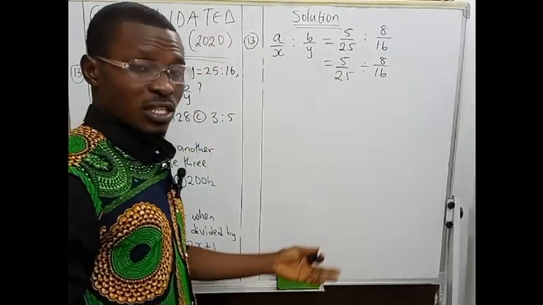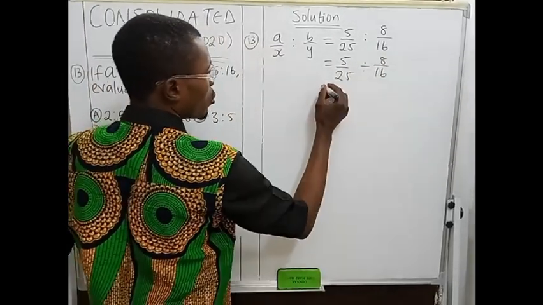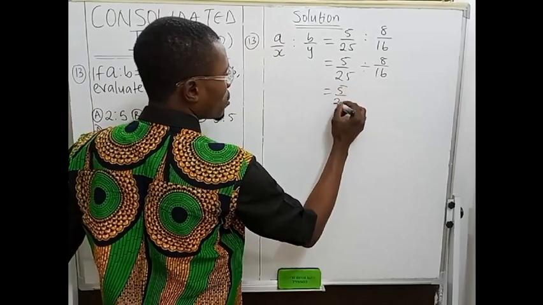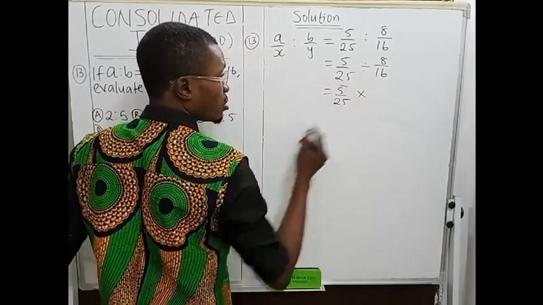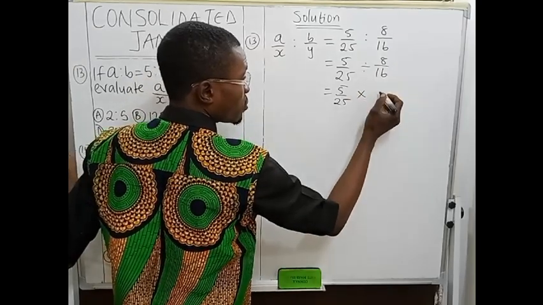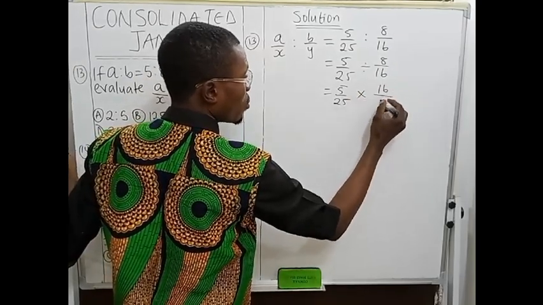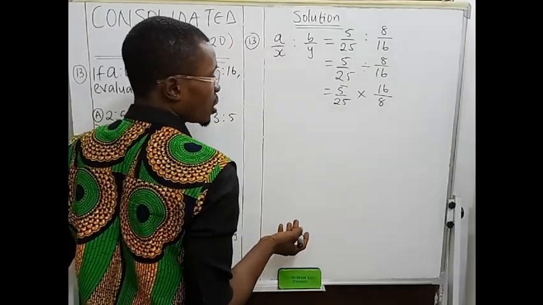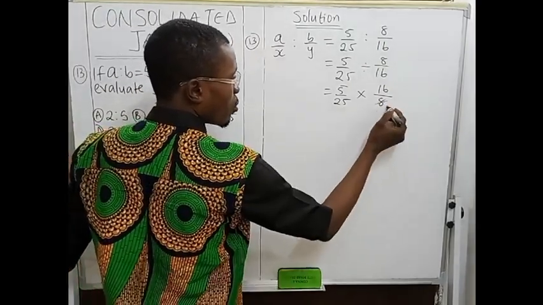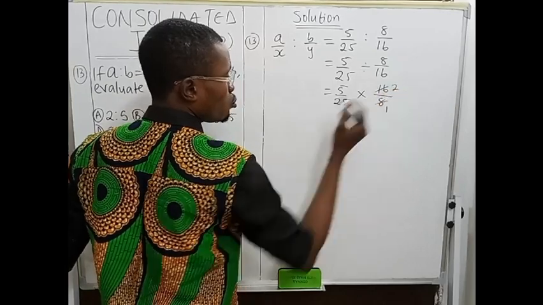Remember that ratio can be expressed as fraction. So we're going to have 5 over 25. Change the division sign to multiplication. Then you take the reciprocal of the next fraction, 16 over 8. Then you cancel out. We need to cancel out 8 here, 1. 8 here, 2.